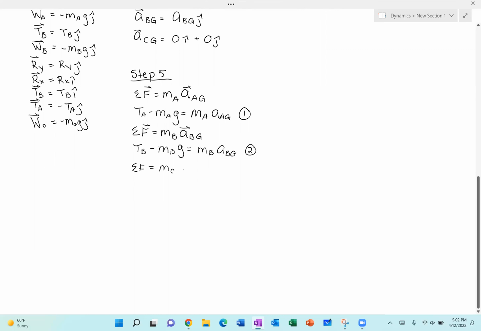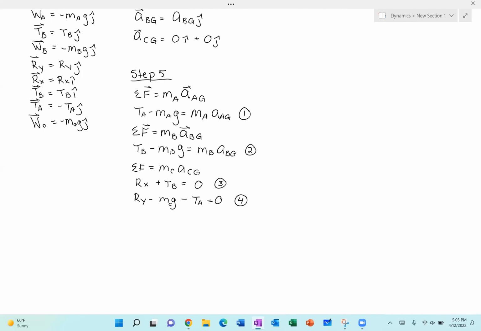So we can add up the I terms and set those equal to 0, and then add up the J terms and set those equal to 0. And that gives us two more scalar equations.